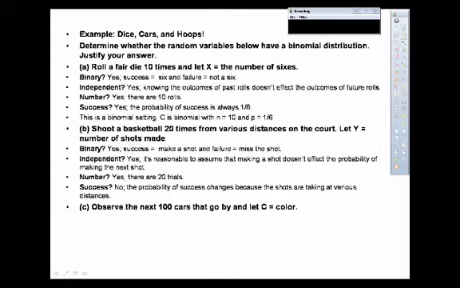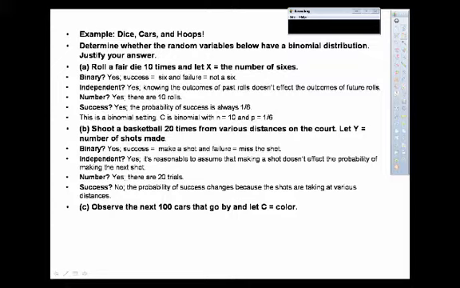It's reasonable to assume that making a shot doesn't affect the probability of making the next shot. And number, yes, there are 20 trials. We're going to shoot the basket 20 times. And successes, no. The probability of success changes because the shots are taken from various distances. So this is not a binomial distribution.